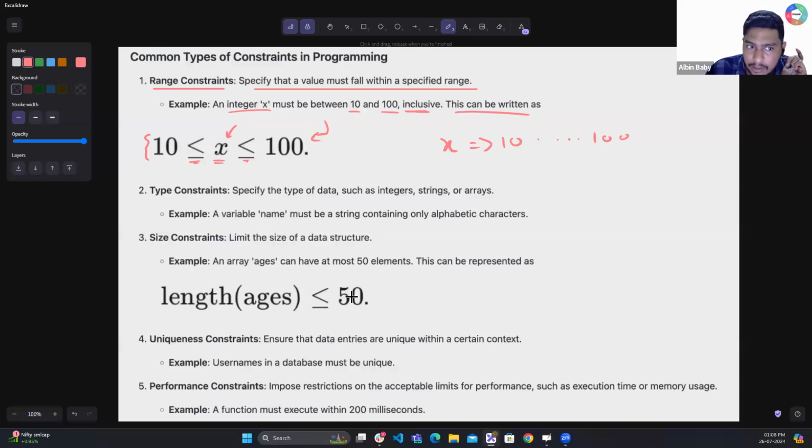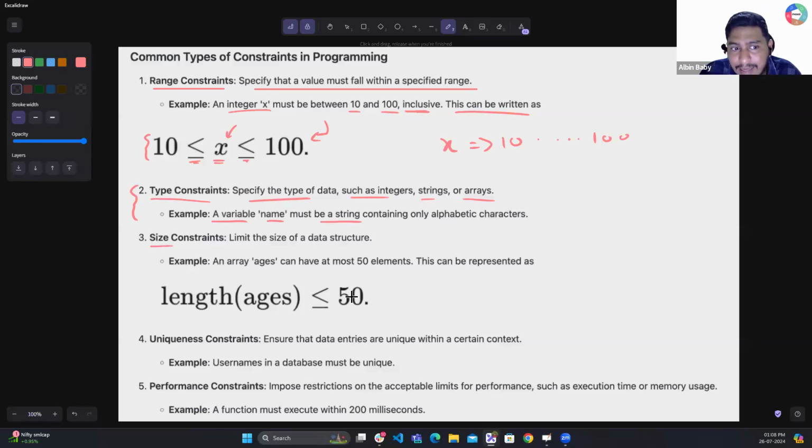The next is type constraints. They specify the type of data, such as integers, strings, or arrays. Example, a variable name must be a string containing only alphabetical characters. It can also be mentioned that it is only lowercase characters or uppercase characters. Basically, which type of data is given to you, that is type constraint.